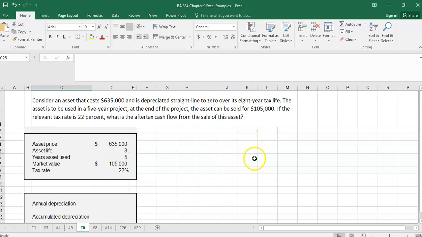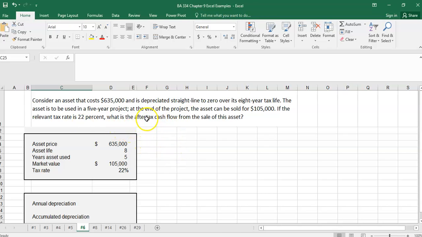In this example, we're looking at an asset that costs $635,000 and has straight line depreciation over its 8-year life. We're going to use it for 5 years, and then we're going to sell it for $105,000. Our relevant tax rate is 22%.